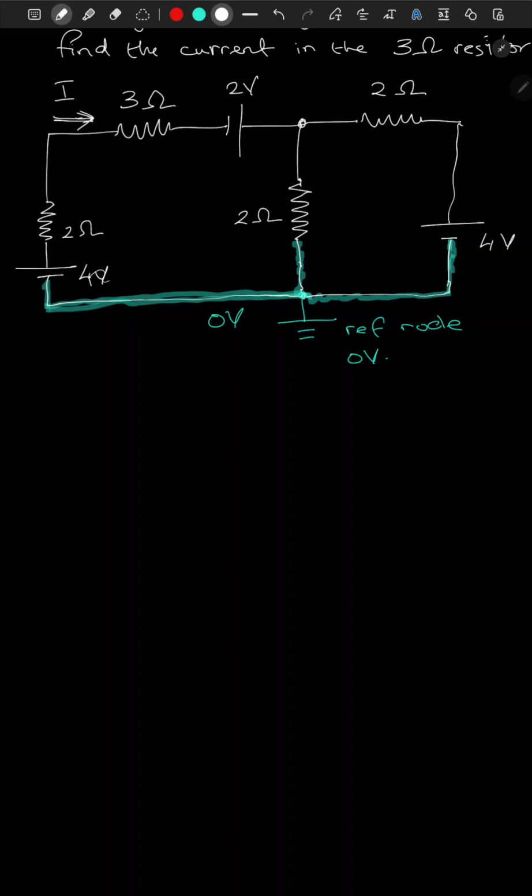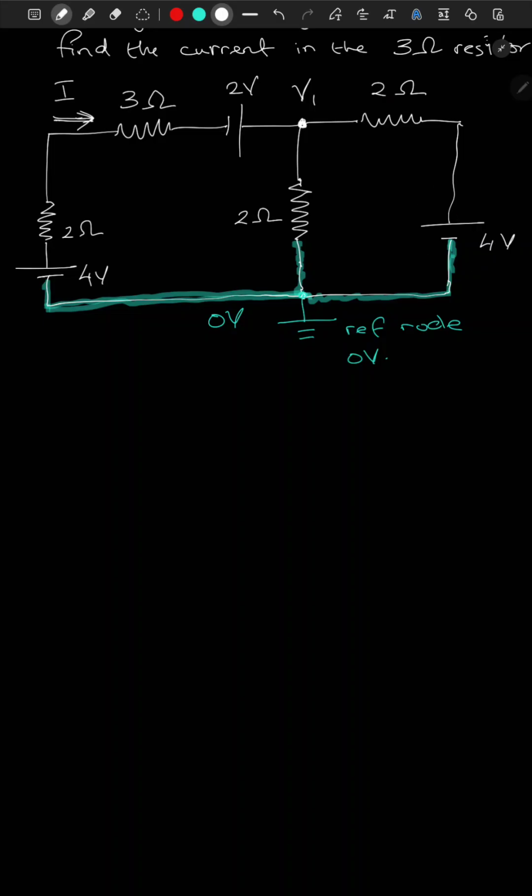So we have a source over here, 4 volt. We have a 2 ohm resistor and a 3 ohm resistor. We have another 2 volt. Here we don't know the voltage, so let's call this one V1, the voltage V1. And here we have 4 volt, another source.